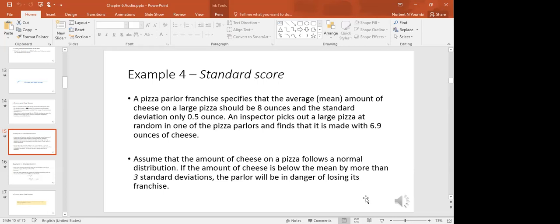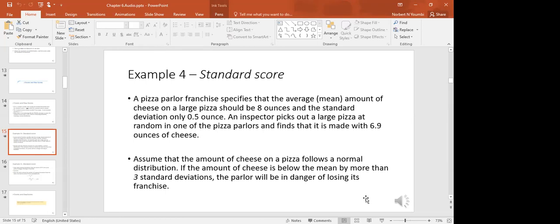Within three standard deviations, we have 99.7%. There is 0.3% that is shared between the two tails we observed. So about 68% of people will get their cheese between 7.5 and 8.5. About 95% will get their cheese between 7 and 9. 99% will get between 6.5 and 9.5.